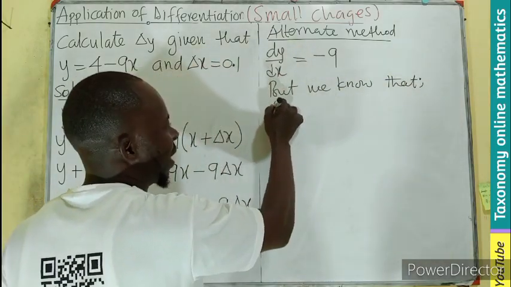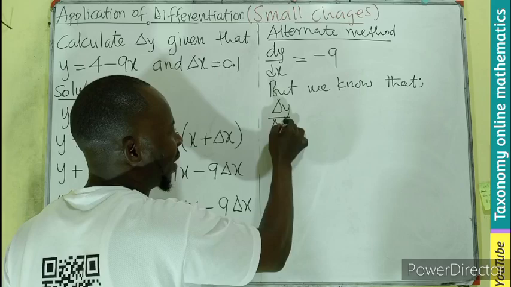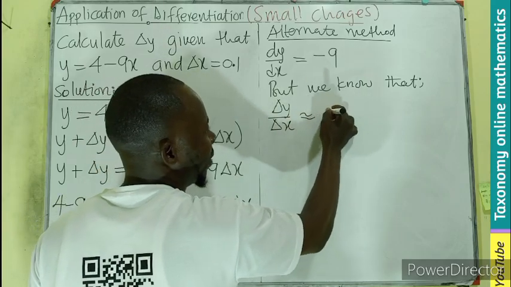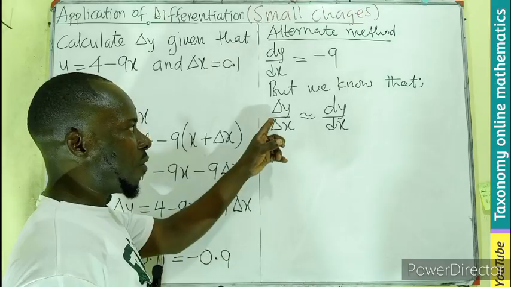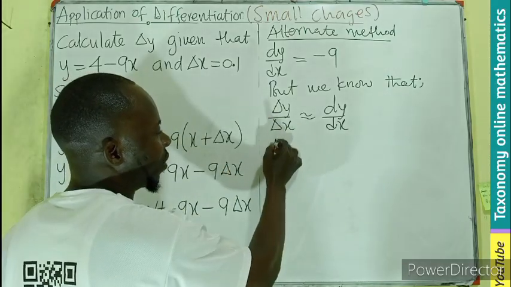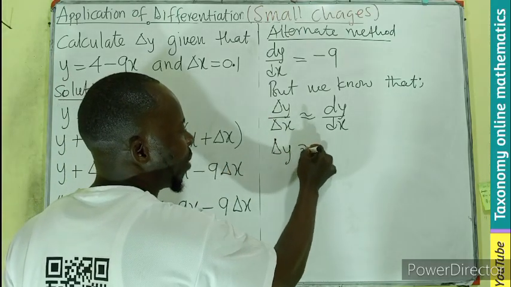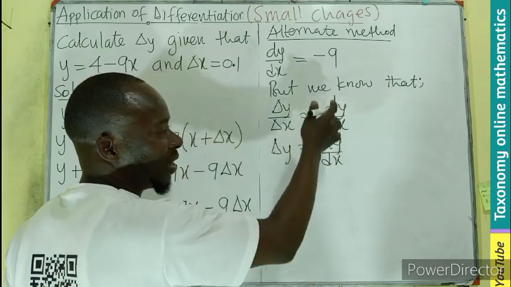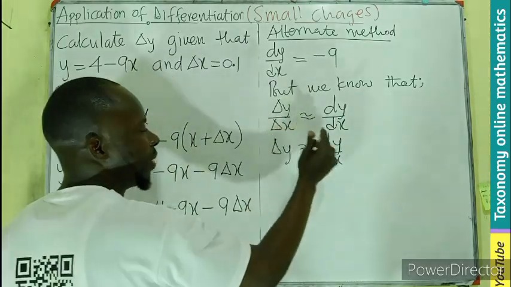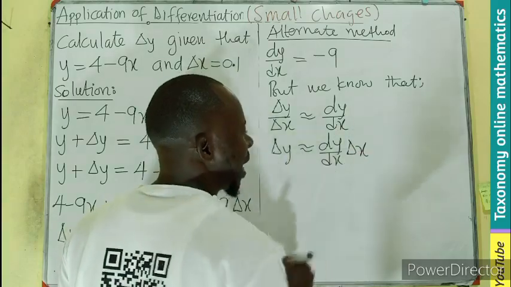Then we know that the change in y divided by the change in x is approximately dy dx. So if I'm looking for the change in y, your change in y will be approximately dy dx times the delta x.